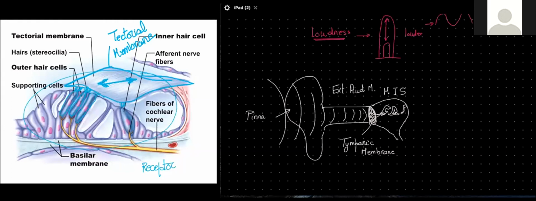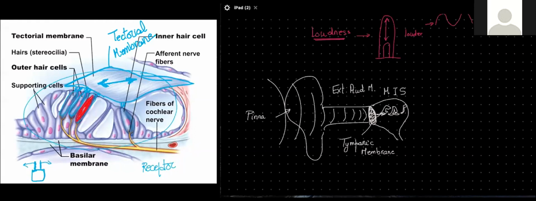This vibration of the tectorial membrane will cause the cilia of the hair cells to vibrate. And the vibration of the cilia of the hair cells is what's going to allow the opening of the sodium channels that will cause the depolarization of those hair cells.